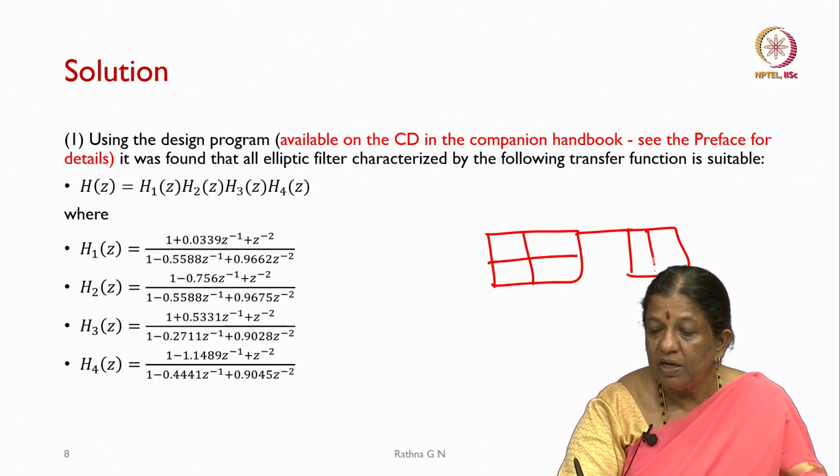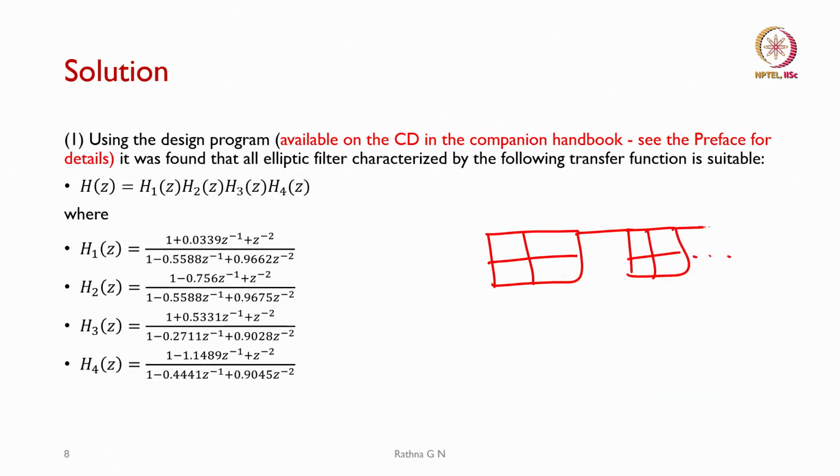There will be 4 sections that I am going to have. This is my H1 of Z, H2 of Z and then this is H4 of Z. So, these are the values that you will get. Okay. So, you have to take each second order section and see whether there is going to be overflow or underflow, or what is the number of bits that you need, so that you are going to have a stable filter.